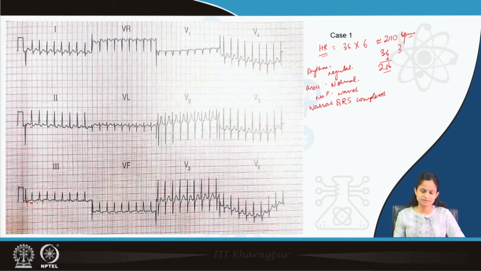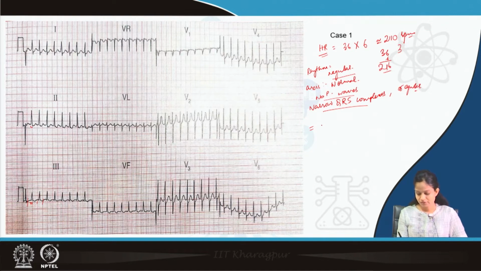it is tachycardia, it is beating around 216 beats per minute, and normal QRS complexes. So, as per our classification, it should go normal QRS complexes, no P waves, tachycardia, regular.